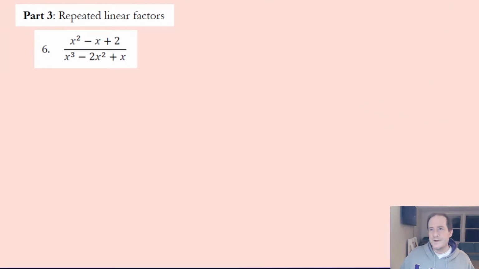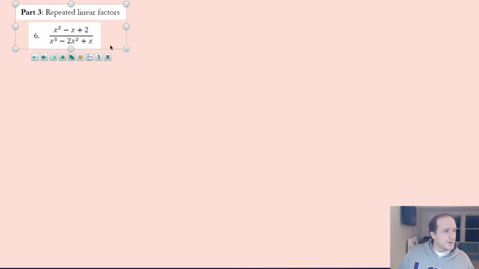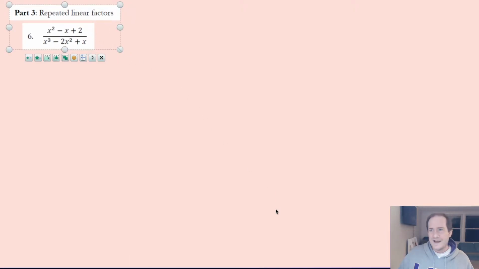Alright, so apparently this is a repeated linear factors problem. So let's factor and see if that actually turns out to be true. Numerator's fine, leave it alone. We never factor the numerator.